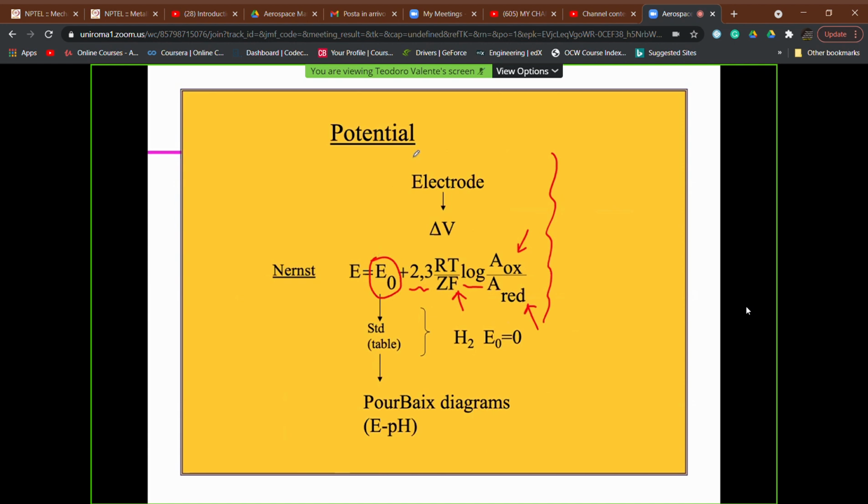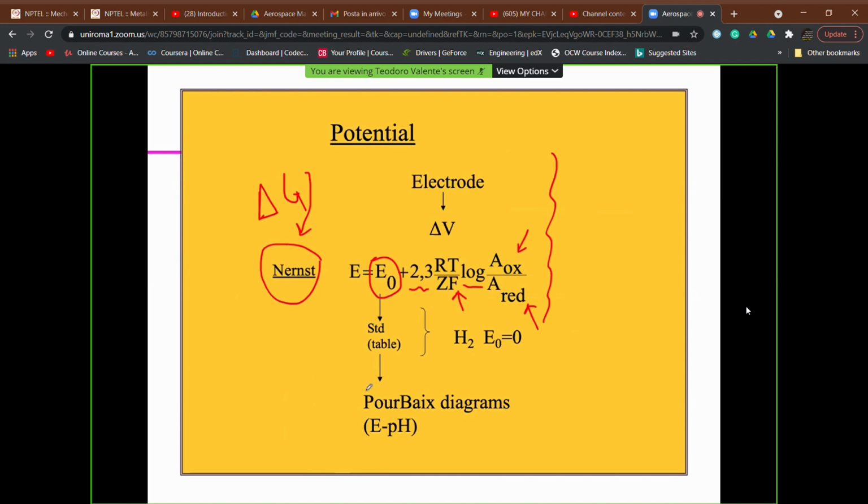These Nernst equations, which, as we have seen, are based on the Gibbs free energy variations, allow us to write down the potential for any chemical anodic and cathodic reaction and, as an answer, look at the difference of potential to see if we have a driving force to let the corrosion happen.